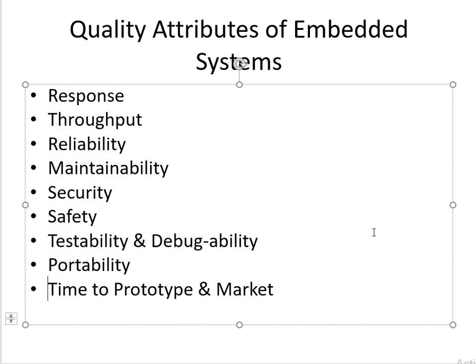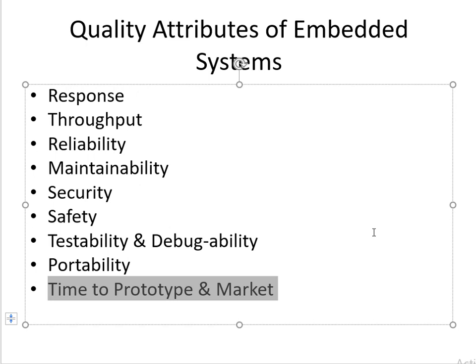And the last one, time to prototype and market. It is the time elapsed between the conceptualization of a product and the time at which the product is ready for selling.